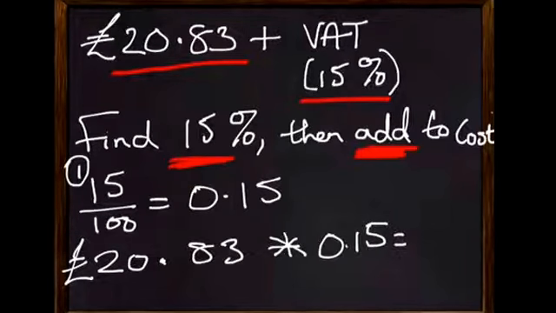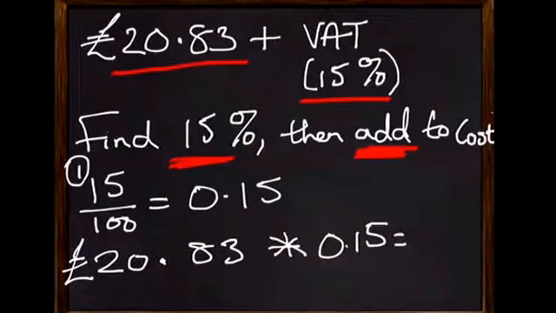So it's going to be basically the 20.83 times 0.15, sorry, that should have been 0.15, is going to be £3.13.